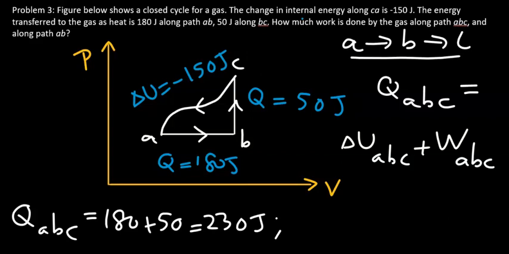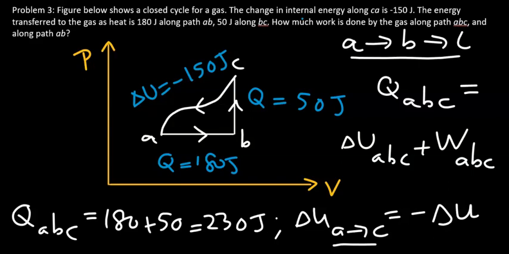Another thing that we do know is the change in internal energy from A to C. Now, because internal energy depends on the state, the change in internal energy from A to C must be the negative of the change of internal energy from C to A, which we know to be minus 150 joules.